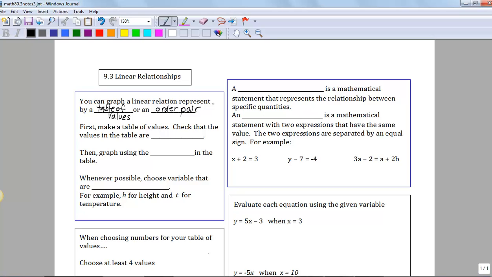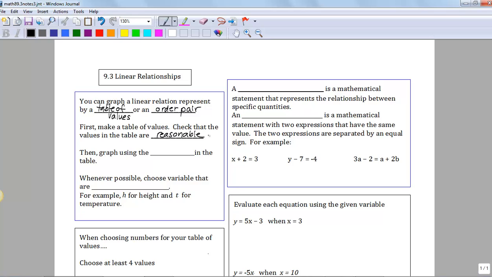So first of all, you need to make a table of values. Now, it's important to check that the values in the table are reasonable. For example, if you're talking about people, you can't have a table of values that's like 2.5, or like a -4. So it's got to make sense to the context of the problem.